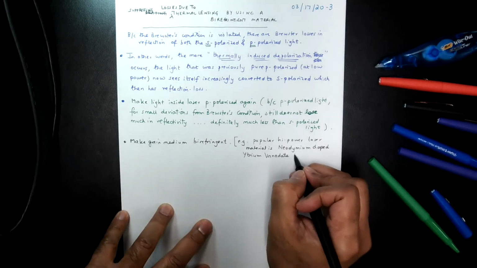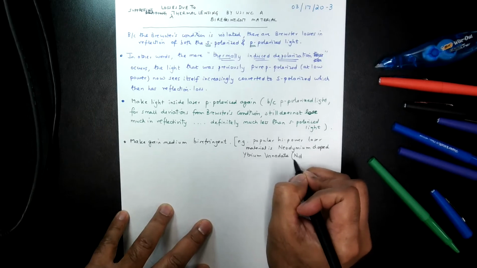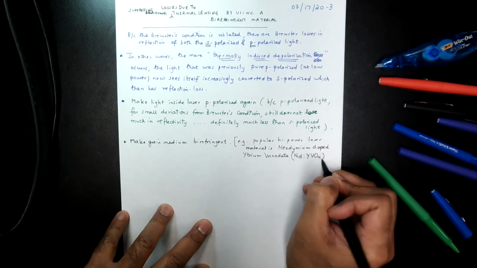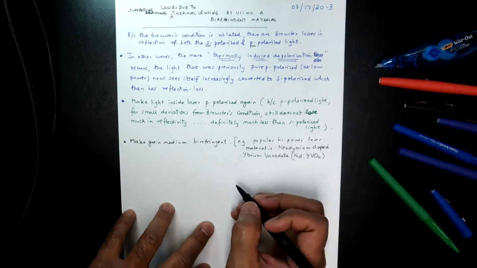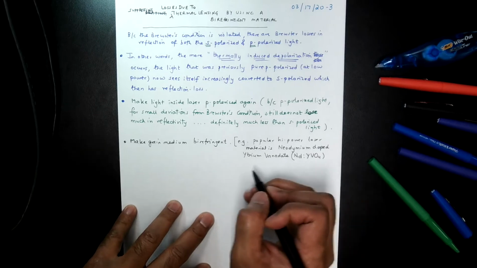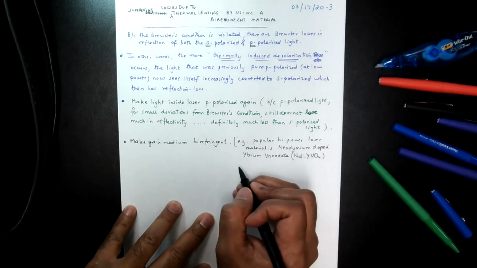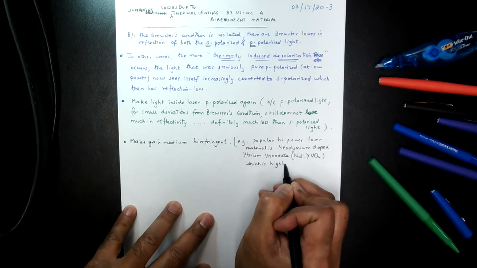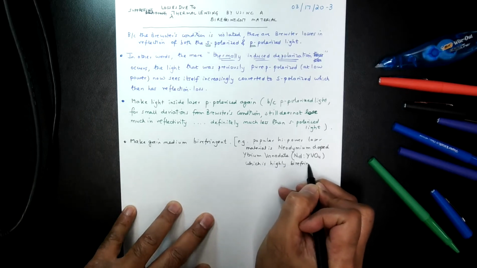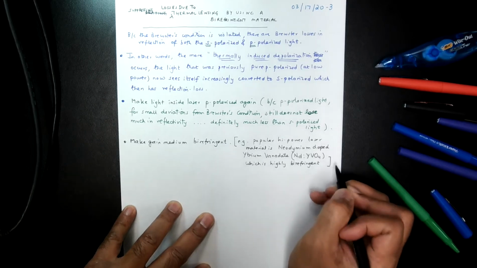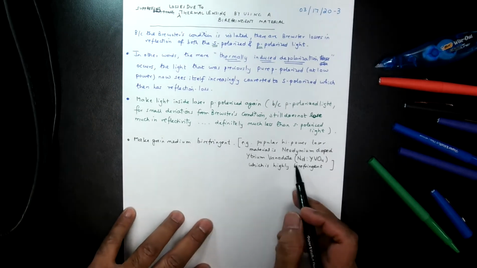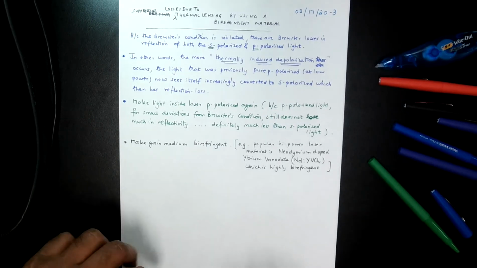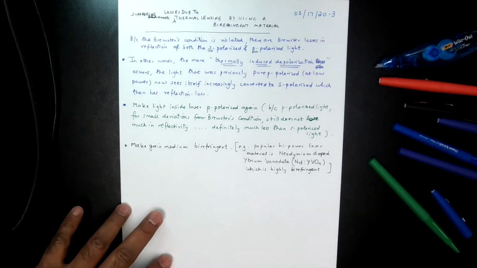And this is a popular choice because it's highly birefringent. So a lot of smart people come together and try to figure out what the ideal materials are for lasing. So that's why media like these are chosen.